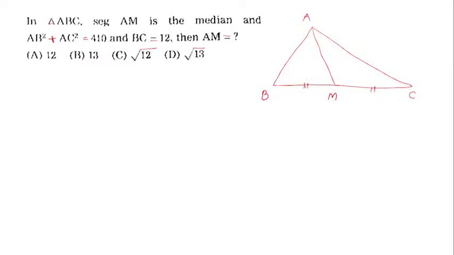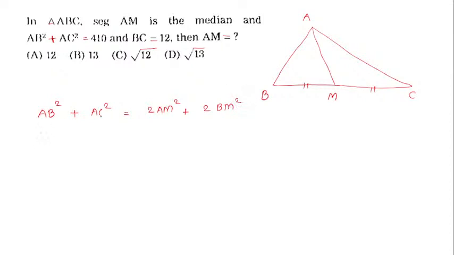So for this triangle ABC, by Apollonius theorem, the two sides are AB square and AC square. So if we make it square and if we add these two, we get 2 into median square, that is 2 into AM square plus 2 into, where either we can take BM square or CM square. So we should take here 2 into BM square.